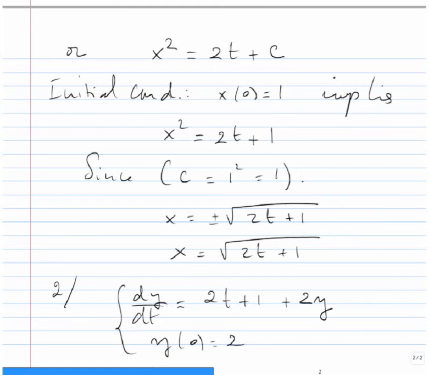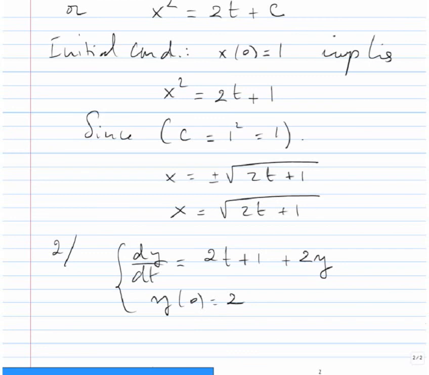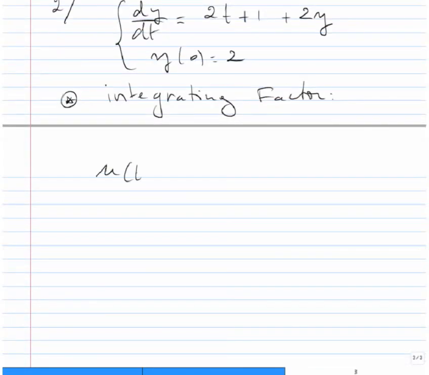So we need to solve this IVP, and again we recognize the linear equation, and therefore we go by u(t). First we look for the integrating factor, u(t) equals e to the minus integral of 2 dt, which is e^(-2t).